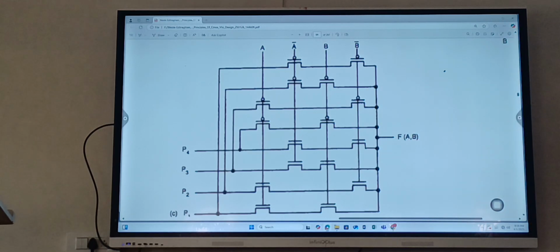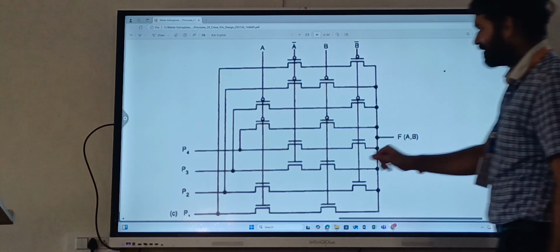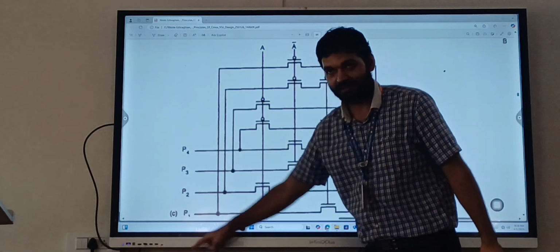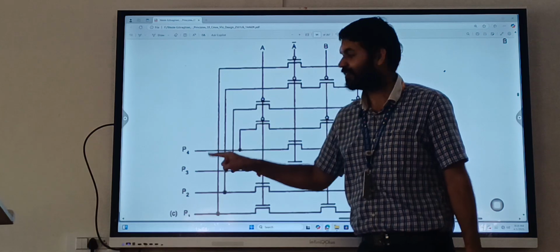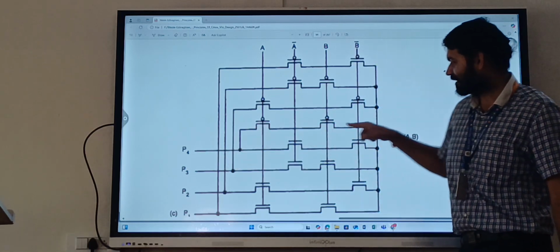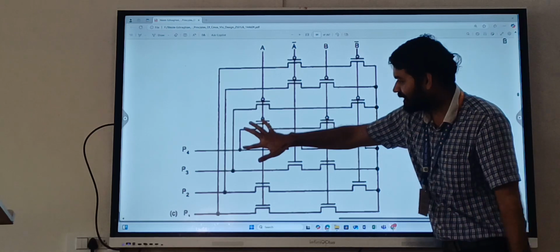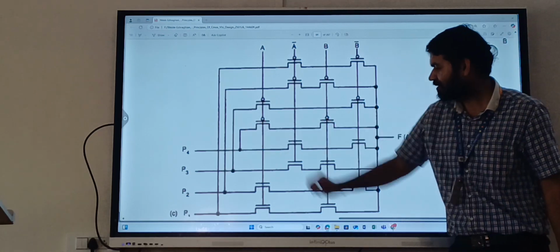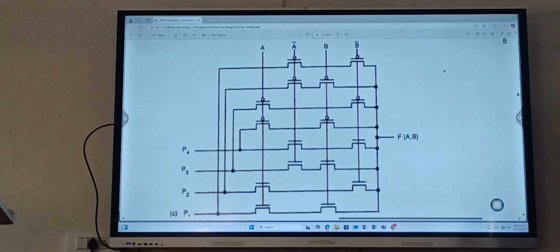We have separated them. Observe the 4 inputs. These two lines are parallel. It is a mux only.